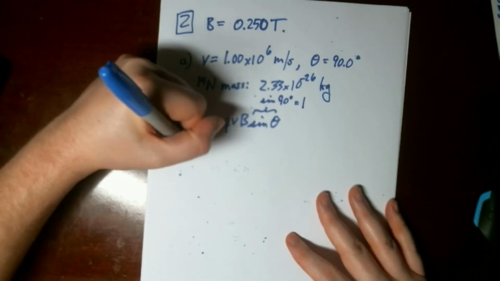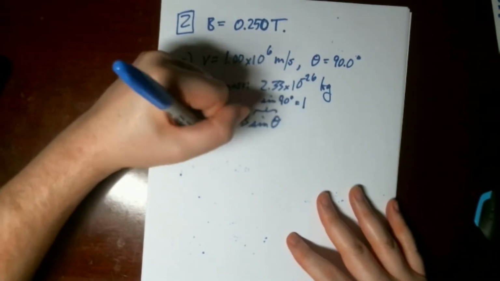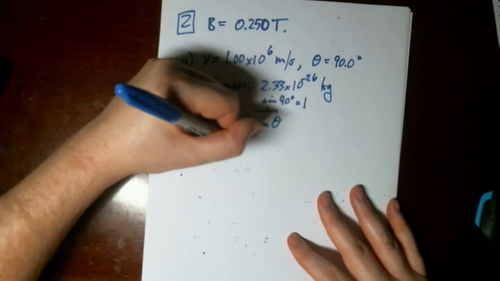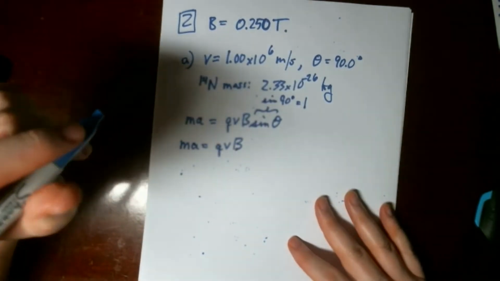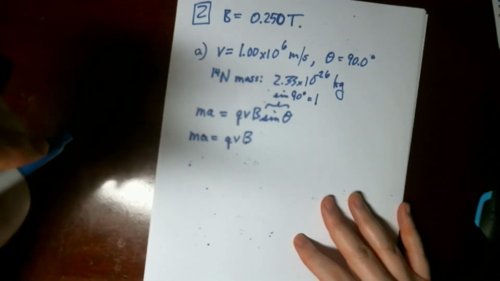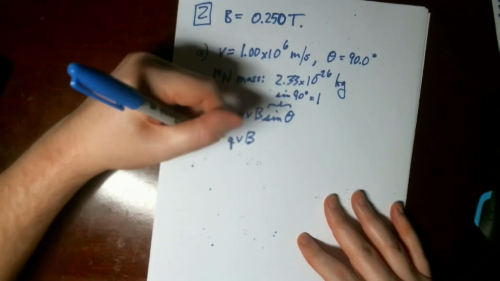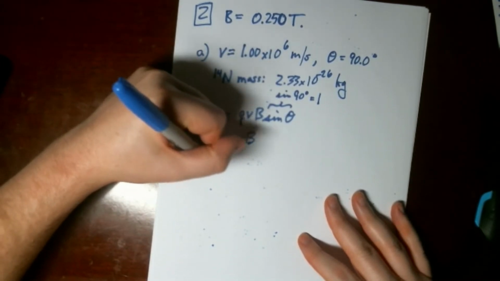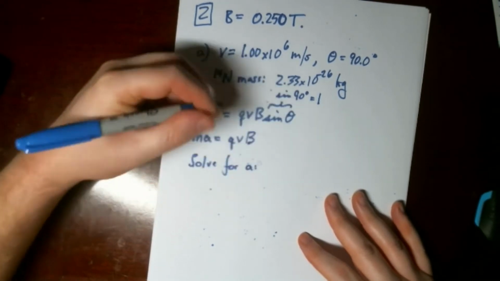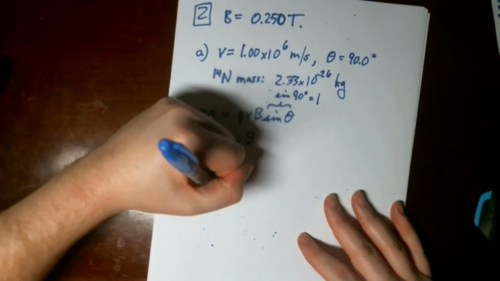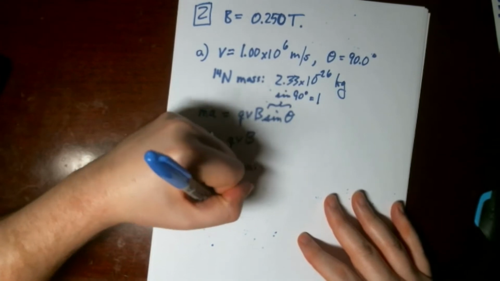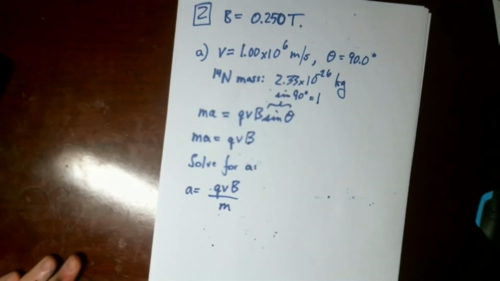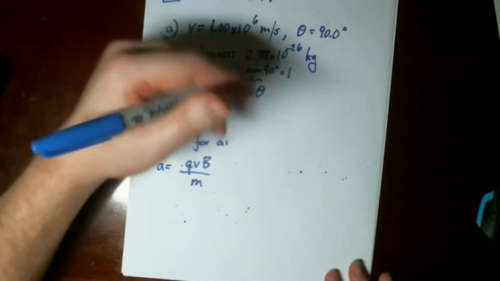So now in this case, ma equals QVB. And now we want to solve for a. a equals QVB over m.